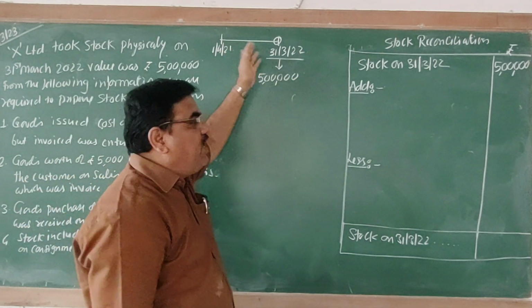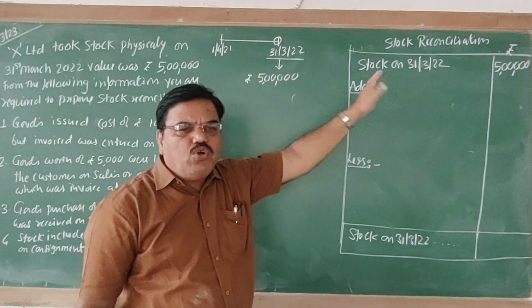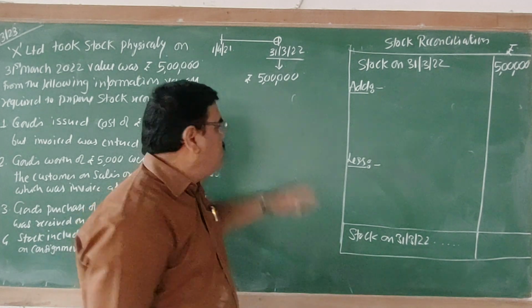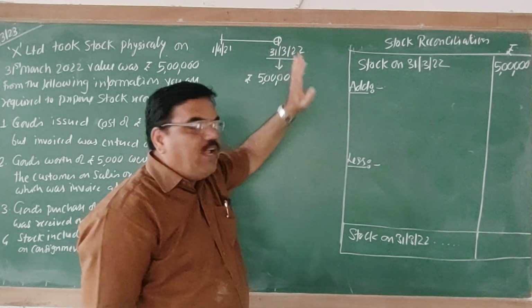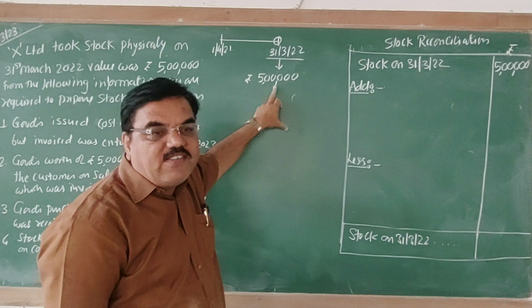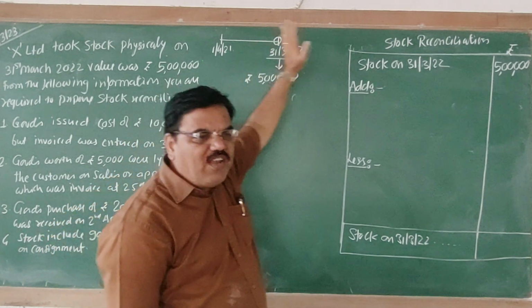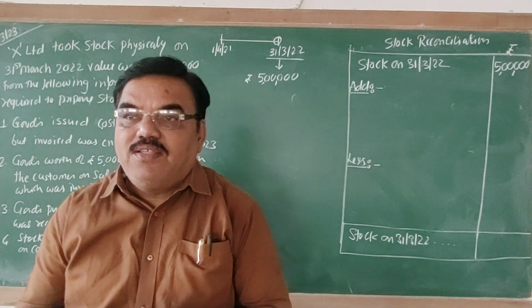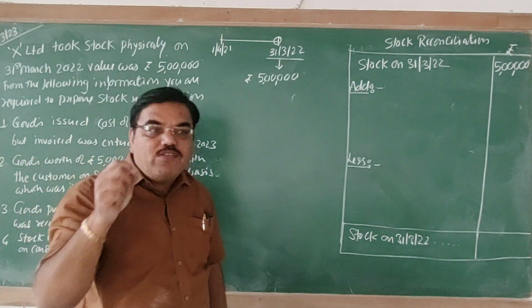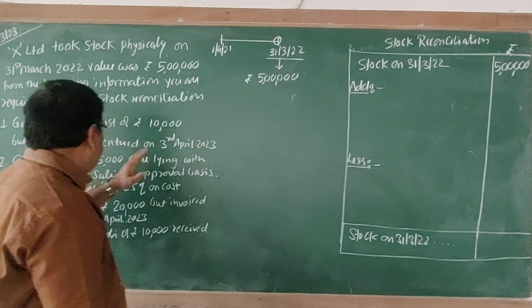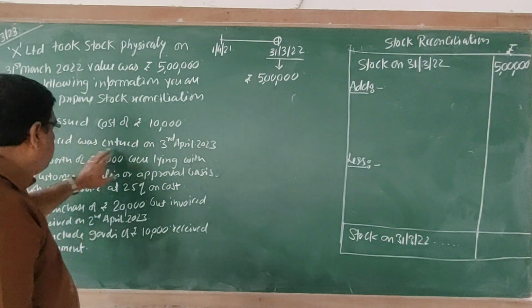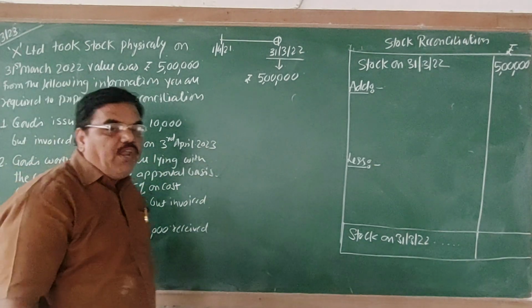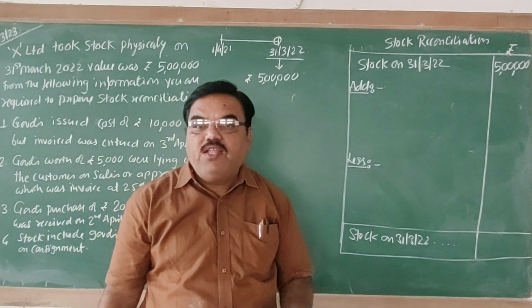The company has issued those goods, that means sold them, goods delivered, but the invoice was entered on 3rd April 2023.